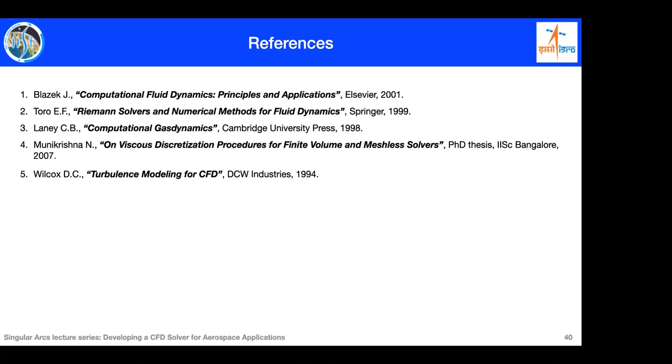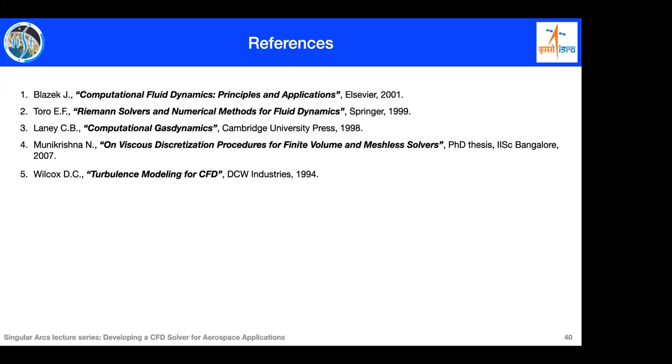And these are the references which I have followed. Many of the equations I have taken from the first reference or some from the second. I think the first one, by Blazek, Computational Fluid Dynamics: Principles and Application, is a very good starting point if you want to develop a solver. It gives a similar overview to what I have given, with more details. But if you want to go in depth on numerical schemes for convective fluxes or time discretization, then we need to go to the next two references, by Toro and Lani.